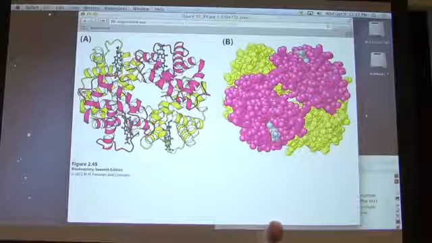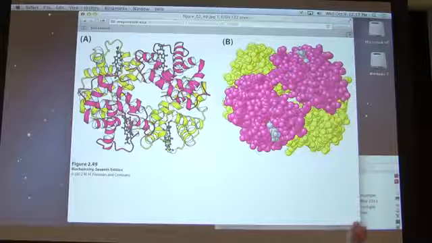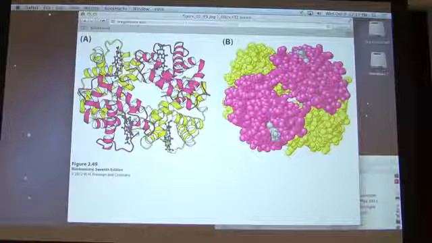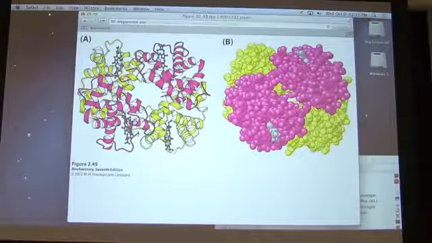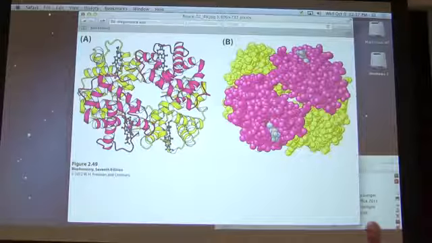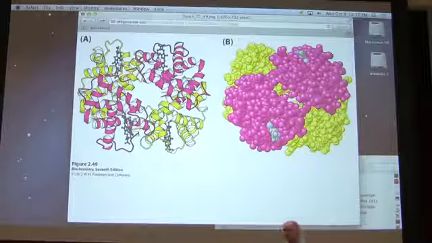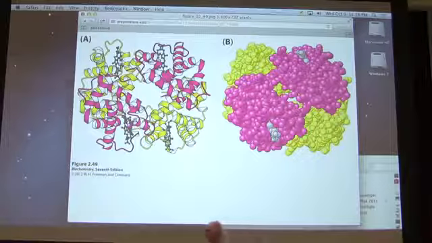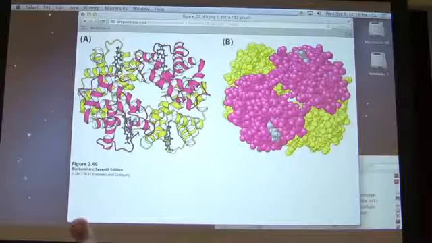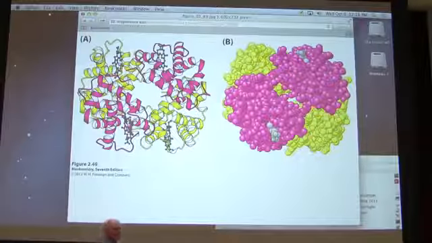Two of the chains are identical, and they're called alpha. The other 2 chains are identical, and they're called beta. You see 2 alphas, and you see 2 betas. Alphas and betas are very, very similar in structure, as we will see, and very, very similar in function. Essentially, we will treat them as identical in function. But nonetheless, there are 4 separate units.